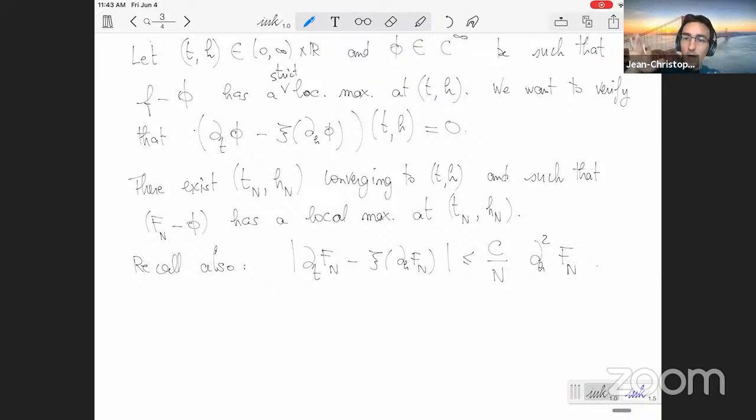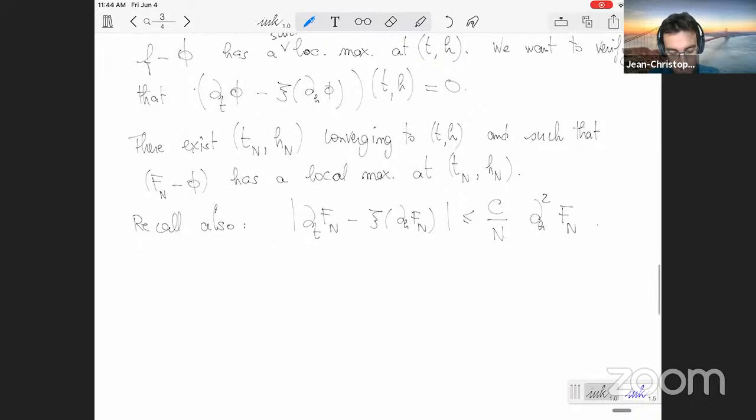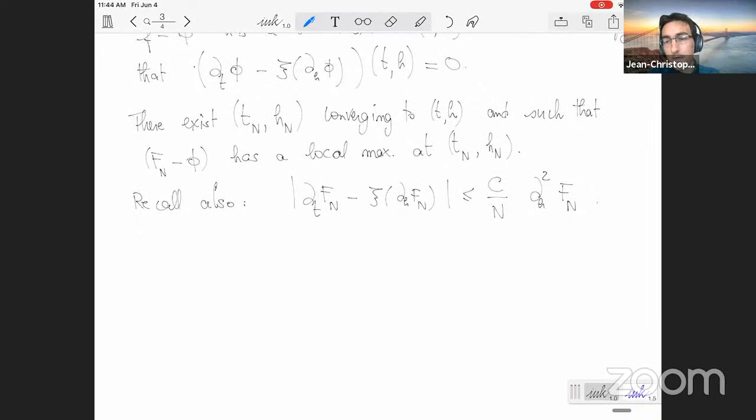I want to combine all of what is written right now to conclude that phi satisfies the equation. Since f_n minus phi has a local maximum at (t_n, h_n), it must be that the derivatives of f_n and phi coincide at this point.